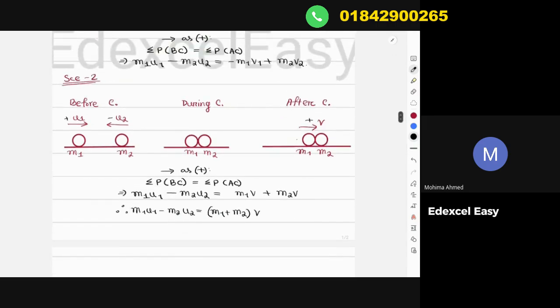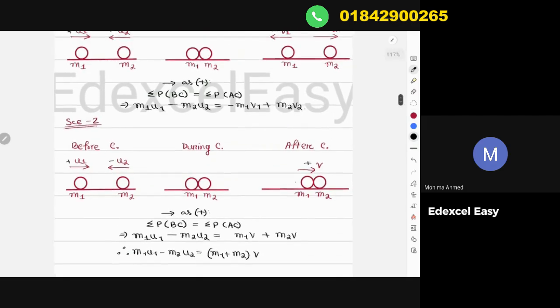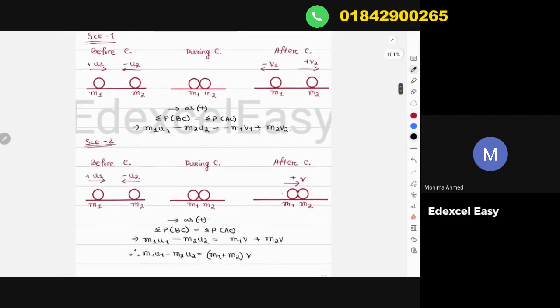Right, and that was scenario 2. In scenario 2, the only difference is that your particles are combined to each other and moving with a combined velocity. That's why the right-hand side of the equation looks a little bit different. The masses are added up with one combined velocity. And this is it. You need to know about the momentum.